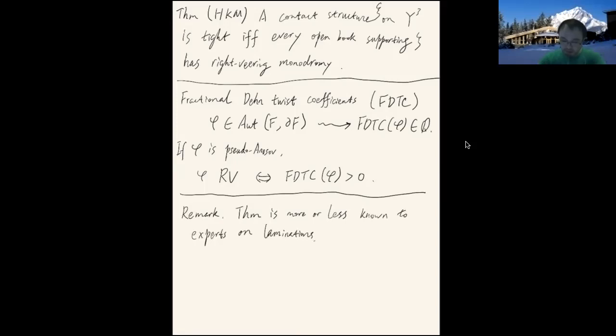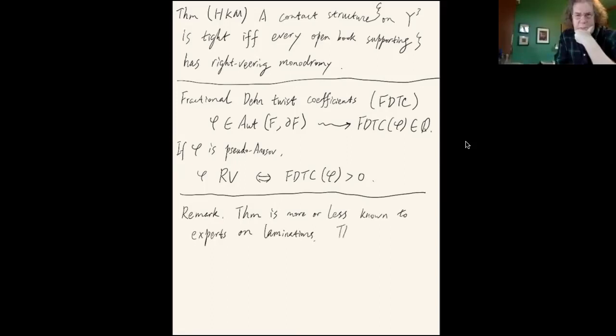But I don't think you can find an explicit statement in the literature. It's somehow a result more or less known to experts on laminations. But the point here is it becomes useful when combined with Heegaard Floer.